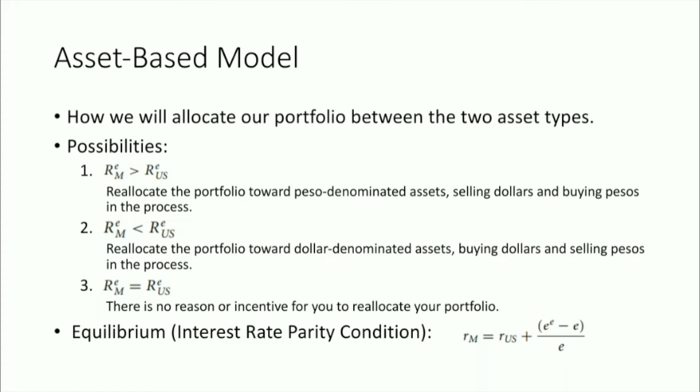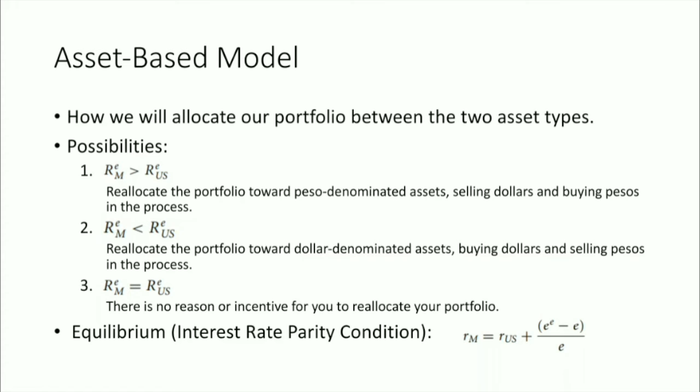If this happens, we have to reallocate the portfolio towards the peso denominated asset, selling dollars and buying pesos in the process. And the second one, the expected total rate of return on dollar denominated assets exceeds the peso one. If this happens, we have to reallocate the portfolio towards the dollar denominated assets, buying dollars and selling pesos in the process.